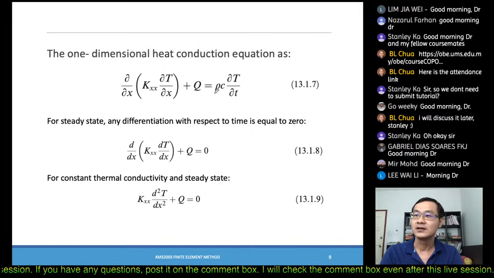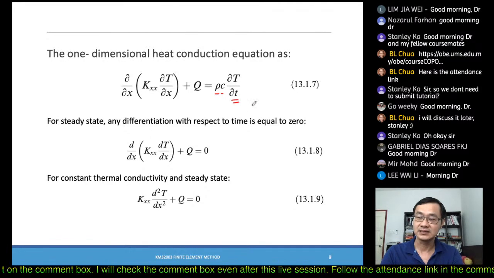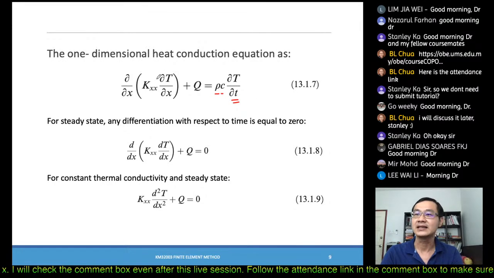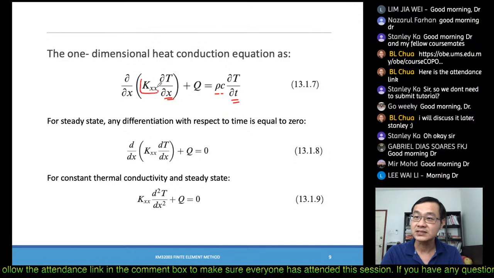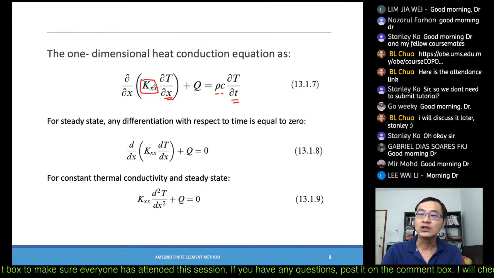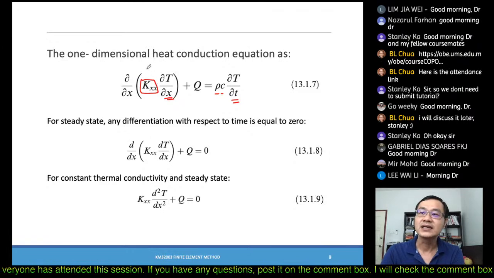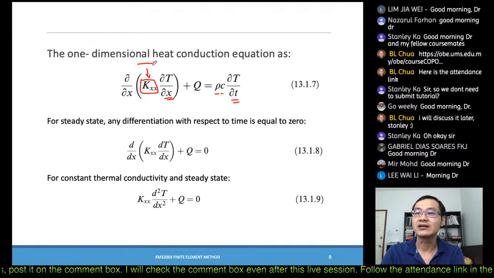So you have rho c delta T over the time, and the other side will be only about x. You will also see that k is the thermal conductivity. We put kxx, meaning we only consider the thermal conductivity along the x direction.